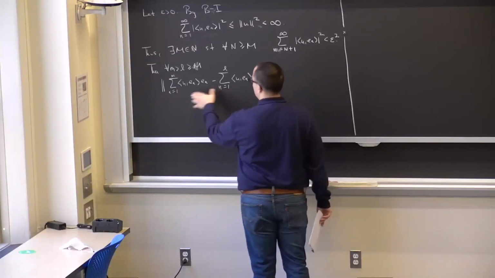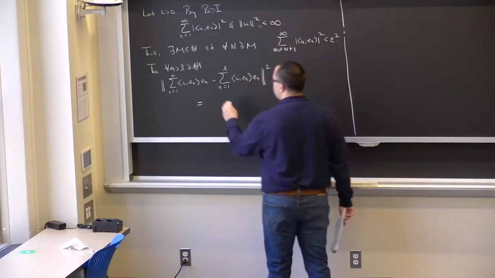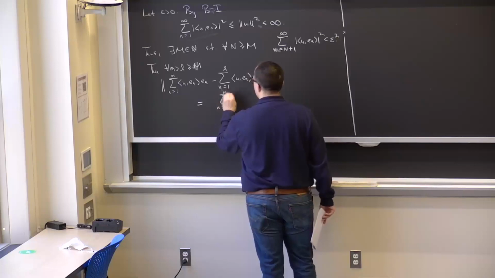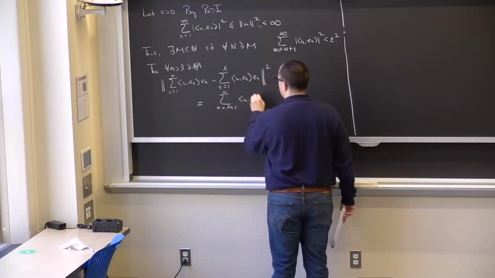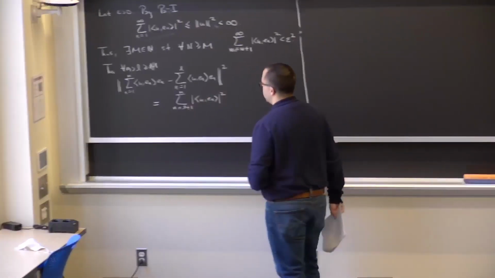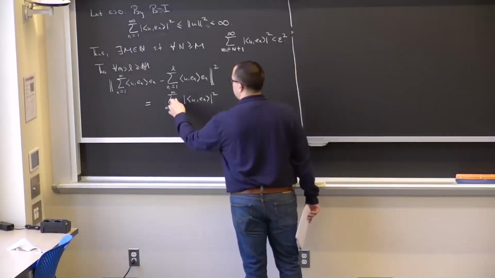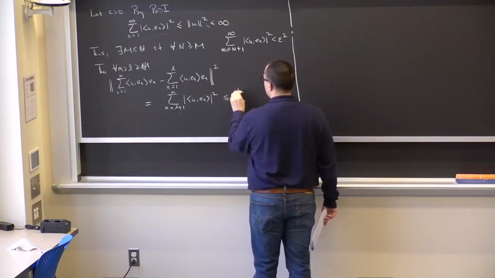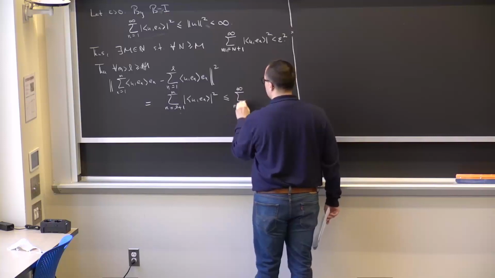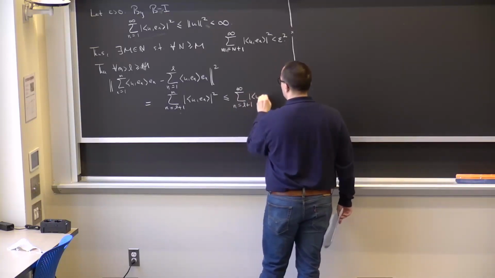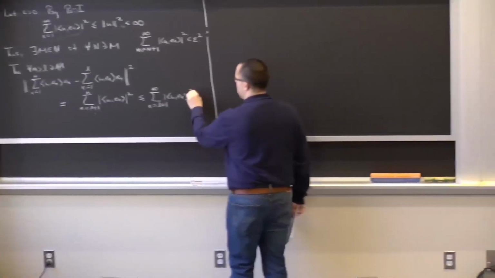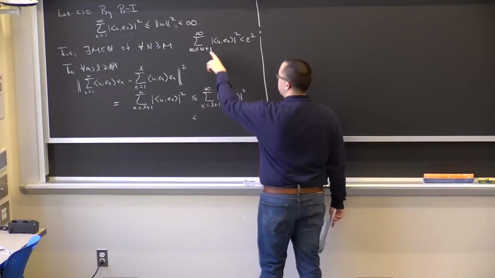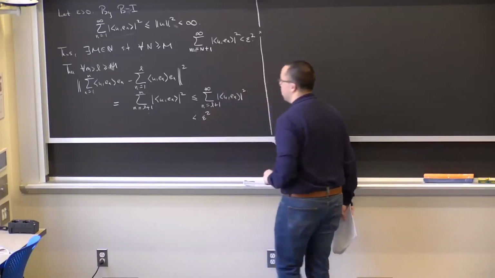Expanding this out as the inner product of the whole thing with itself, this gives the sum from n equals L+1 to m of |<u, e_n>|². Since L is bigger than or equal to M, this is certainly less than or equal to the sum from n equals L+1 to infinity of |<u, e_n>|², and that's less than epsilon squared.